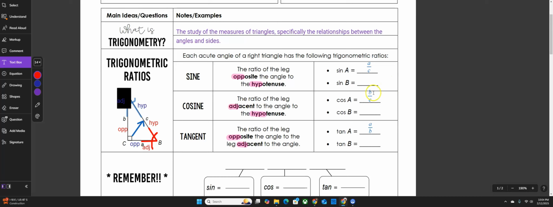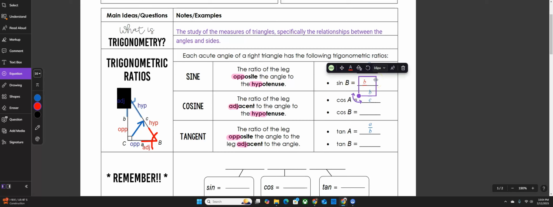So let's look at each of the ratios. First, sine of B, opposite to hypotenuse. Now our opposite is side b, and that is going to be over our hypotenuse of c. Then we have cosine of B, which is going to be adjacent over hypotenuse.